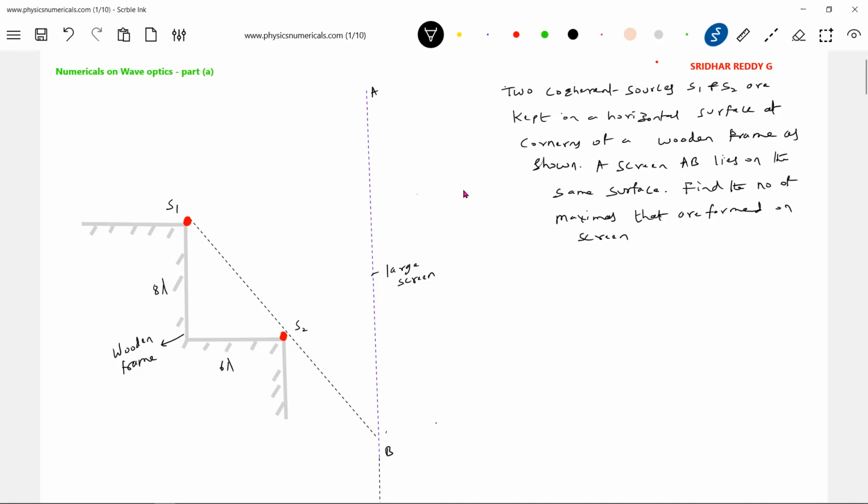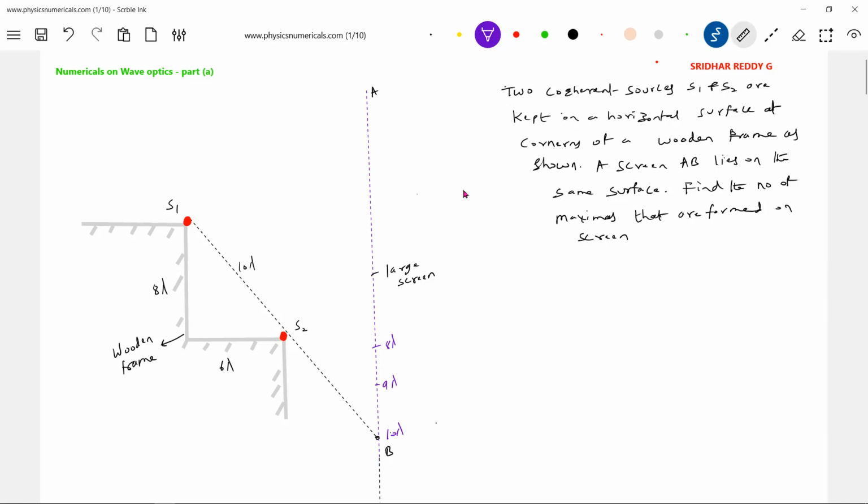Okay, see, now what can be the path difference here? This is 10 lambda. What is the path difference of the rays reaching from S1 and S2 at this particular point? Let me write in some other color. 10 lambda. Somewhere here will be 9 lambda, 8 lambda, and so on.